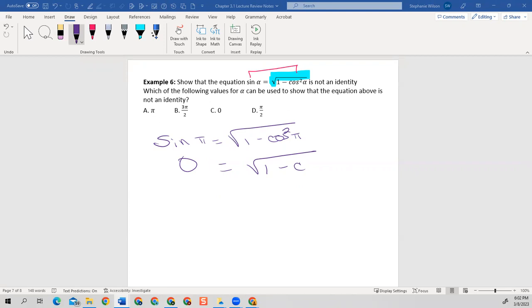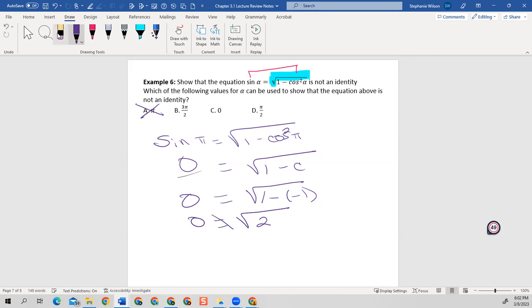Well, cosine of pi gives me what? -1. So I got 0 is equal to the square root of 1 minus a -1. And -1 minus negative is going to be positive, right? So it's 2. So is that true? No. Not so true. We're not going to use A.